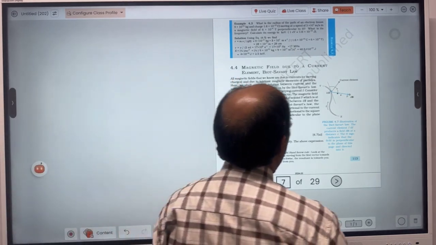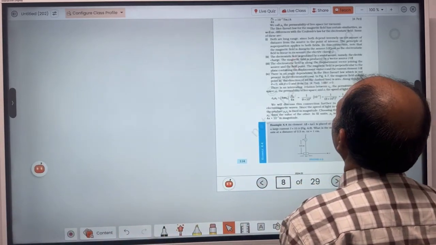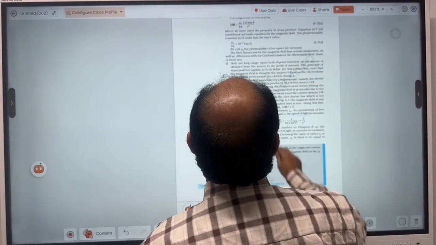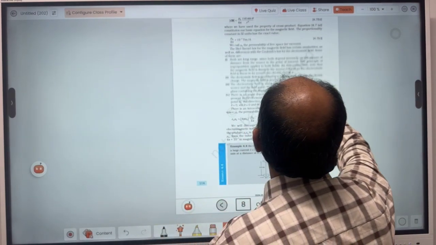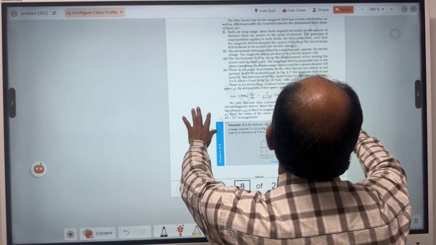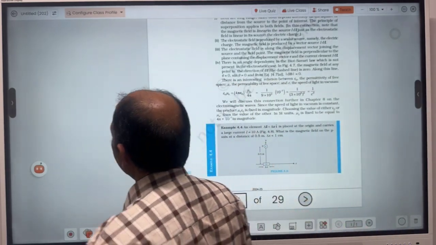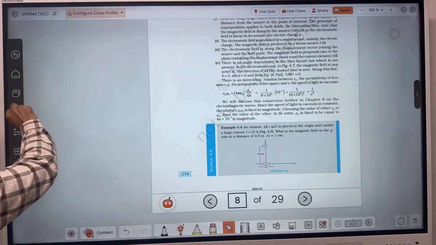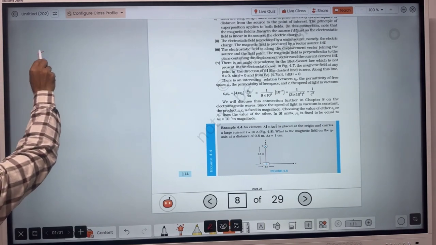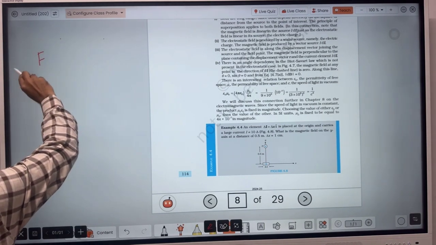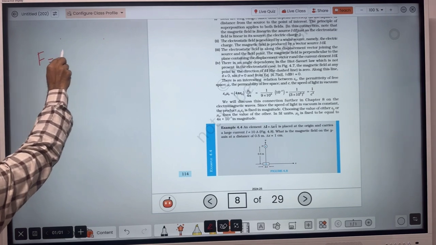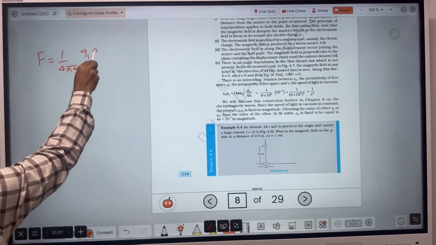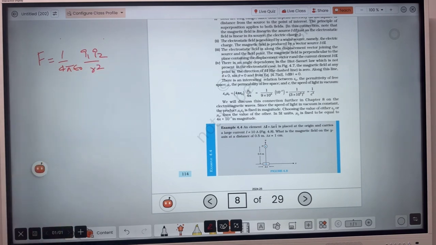So we have understood what is Biot-Savart's law. Now one interesting fact we are going to derive here. You know that the constant used while calculating Coulomb's force was 1 upon 4 pi epsilon naught Q1 Q2 divided by R square.